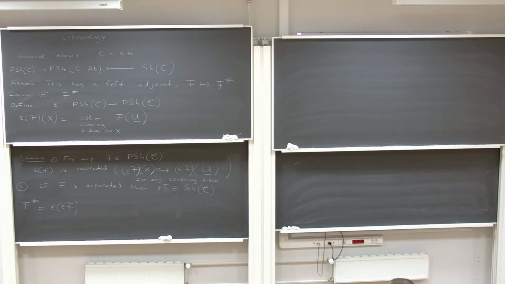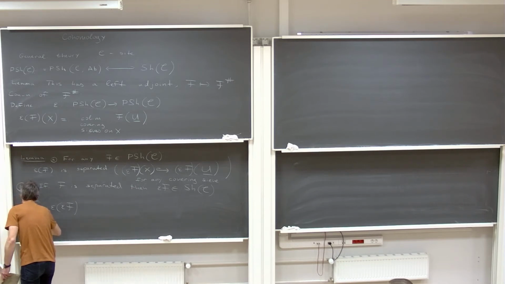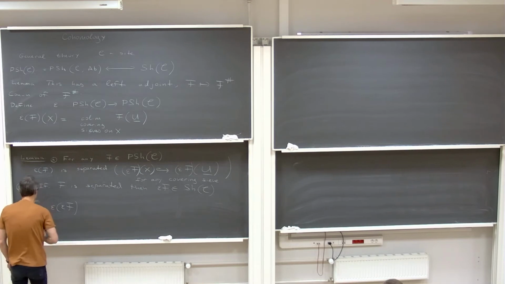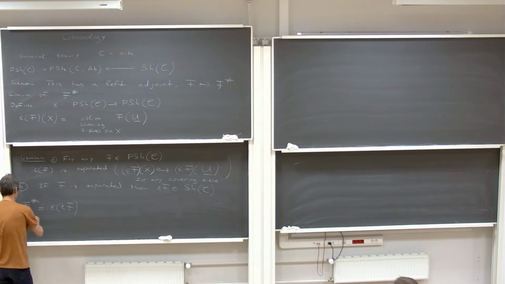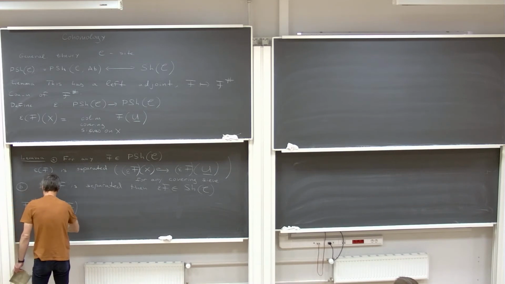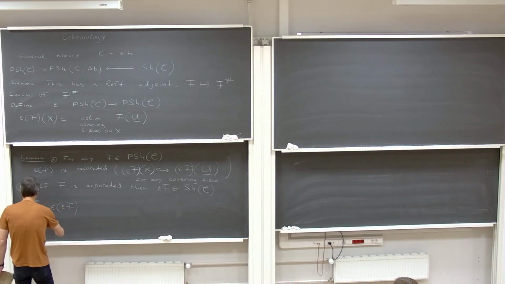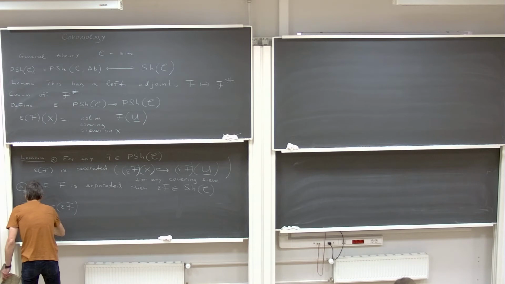Okay, so proof is omitted. So some proofs will be left as an exercise, but this, I think, does not really deserve to be called an exercise. Or, well, proof is omitted.